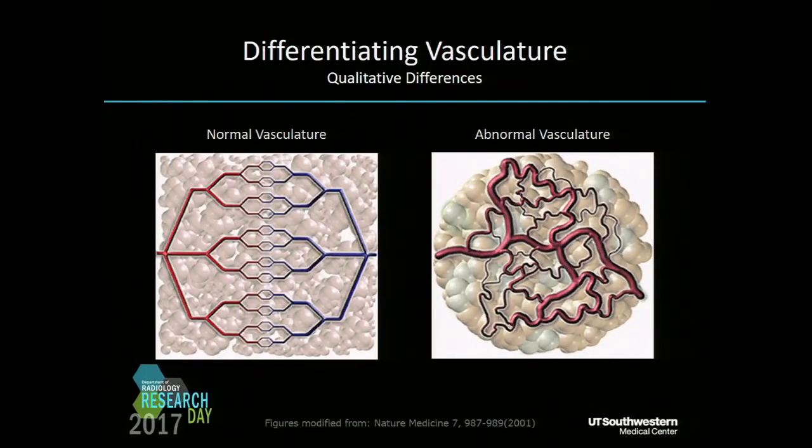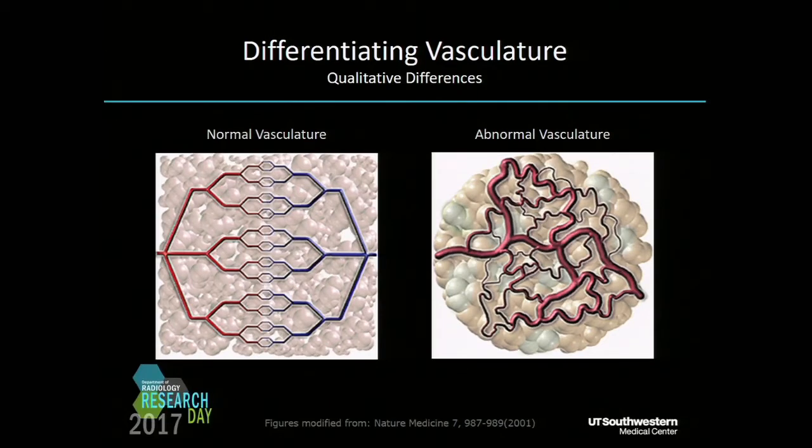So in differentiating these two cases, there are a couple of salient qualitative differences that can be picked out in this image. The normal vasculature is kind of hierarchical, has good scaling properties. Each level of vessels resembles the last. In contrast, abnormal vasculature has very poor behavior. It's kind of drawn outside the lines. It doesn't follow the same rules as regular vasculature.